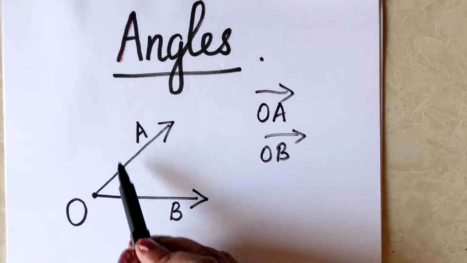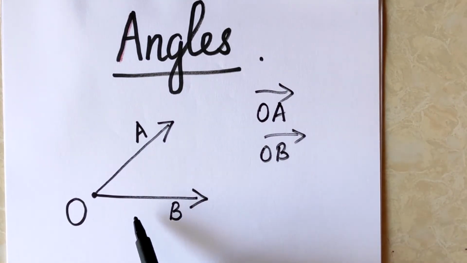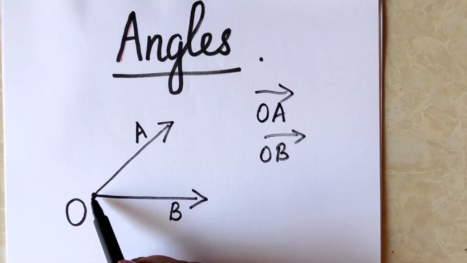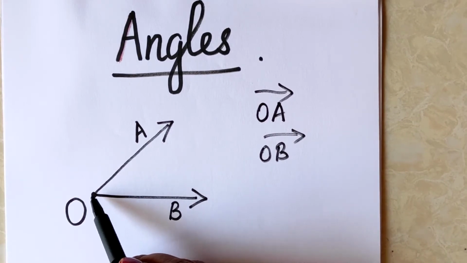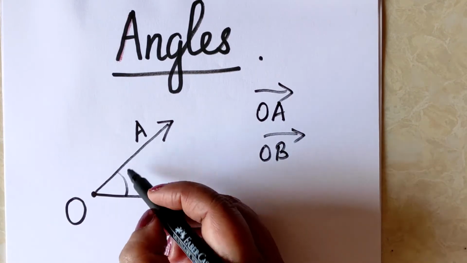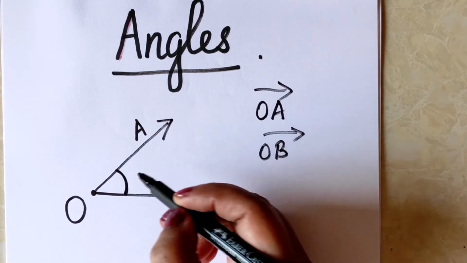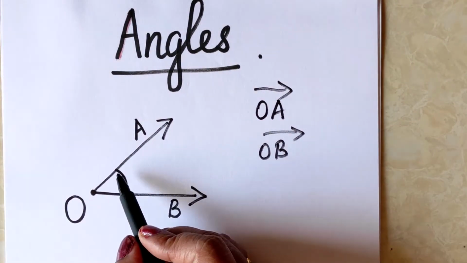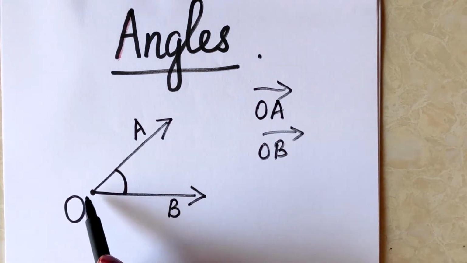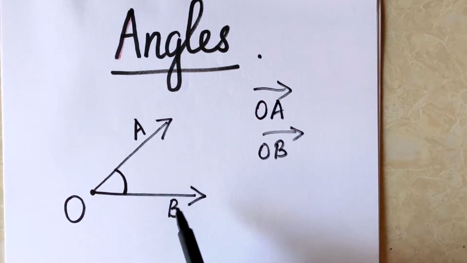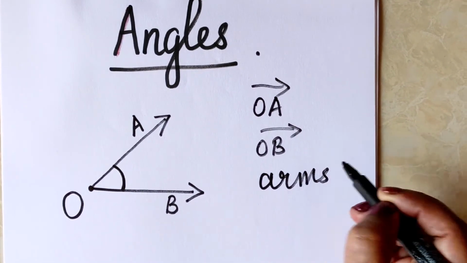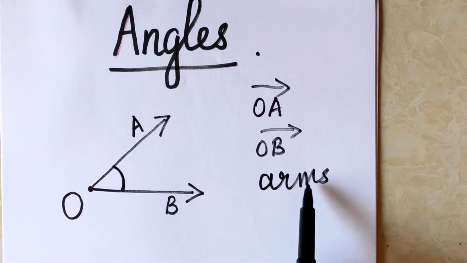OA and OB are the two rays, and they are also called arms. These two rays start from one point, they have a common endpoint, and they form an angle. Between the two rays, an angle is formed. This is called an angle. OA and OB are the arms of the angle.